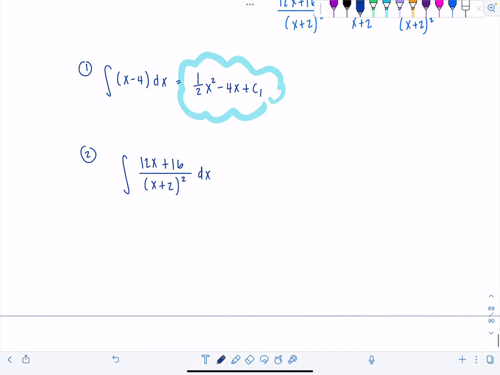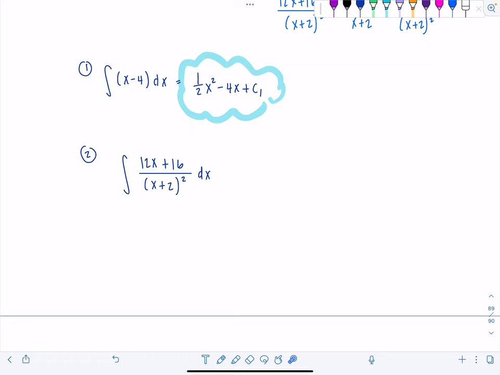Now here's how I want you to think to do this other method. I have an x plus 2 down here. I would love it if I could factor out this 12 and somehow also have an x plus 2 here to cancel. So since I don't, let me think backwards. If I had a 12x plus, oh, what if that was 24? Then life would be so good, right?